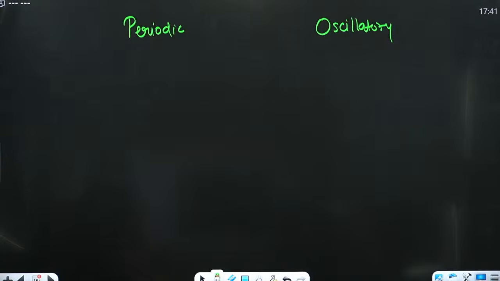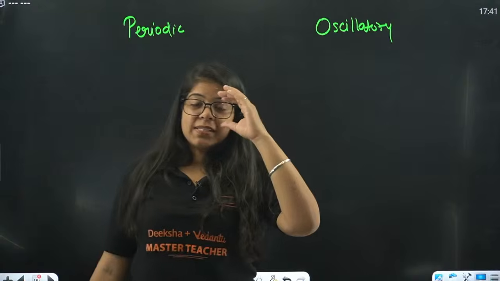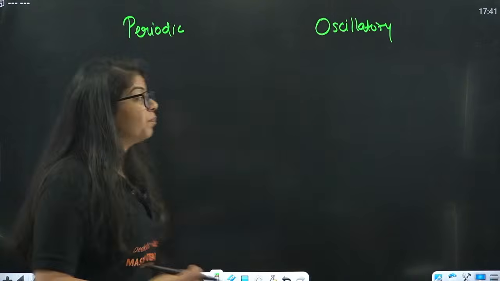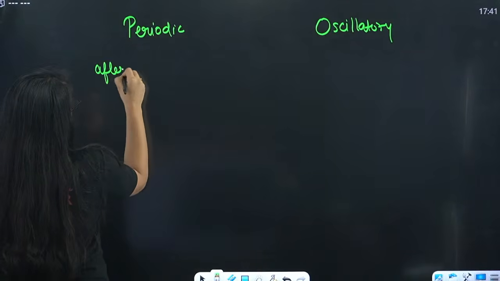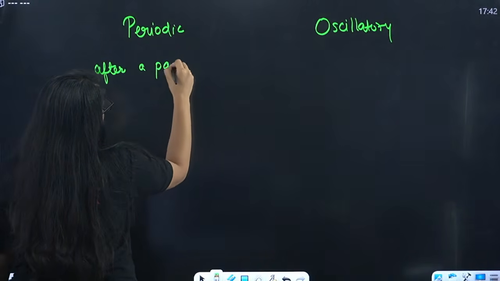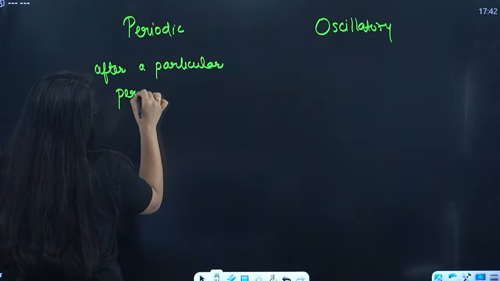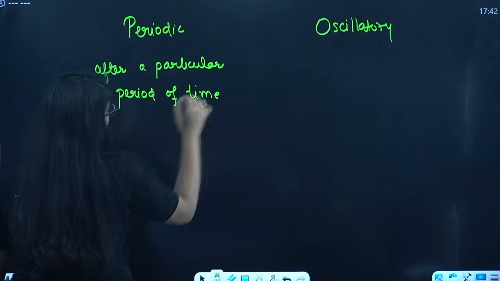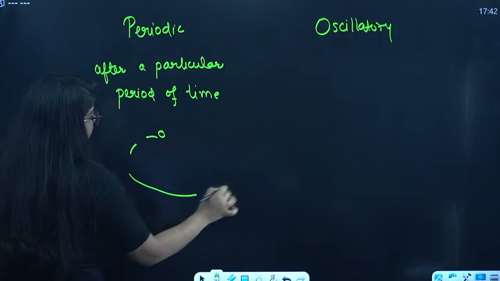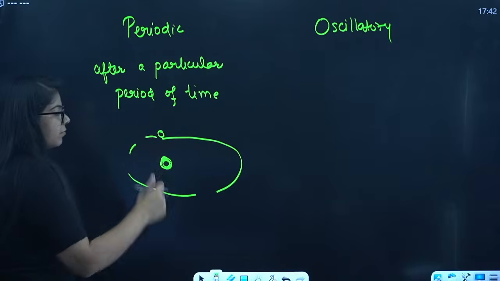Okay, yeah. So, beta, periodic motion, as you can see, it happens after a certain period of time. It will happen after a particular period of time. So that means the revolving of earth around our sun, right?